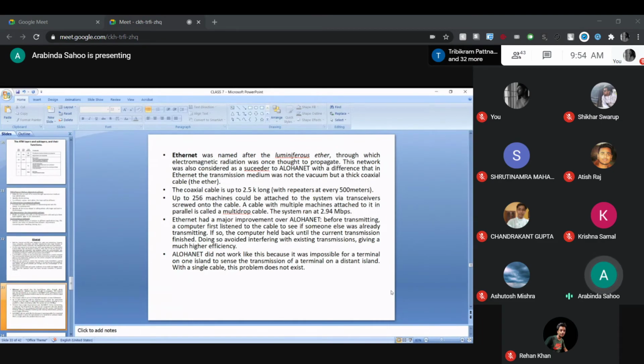This is the difference between Ethernet and ALOHANET. In ALOHANET, communication takes place through air or vacuum in the form of short radio waves. If it is replaced by a thick coaxial cable, this local area network is normally known as Ethernet. In the next class we will discuss the architecture of Ethernet in detail.